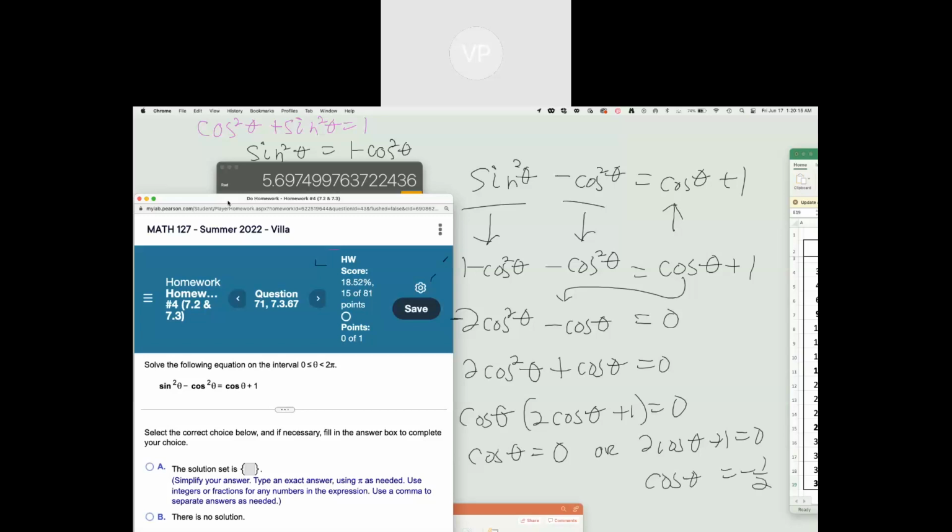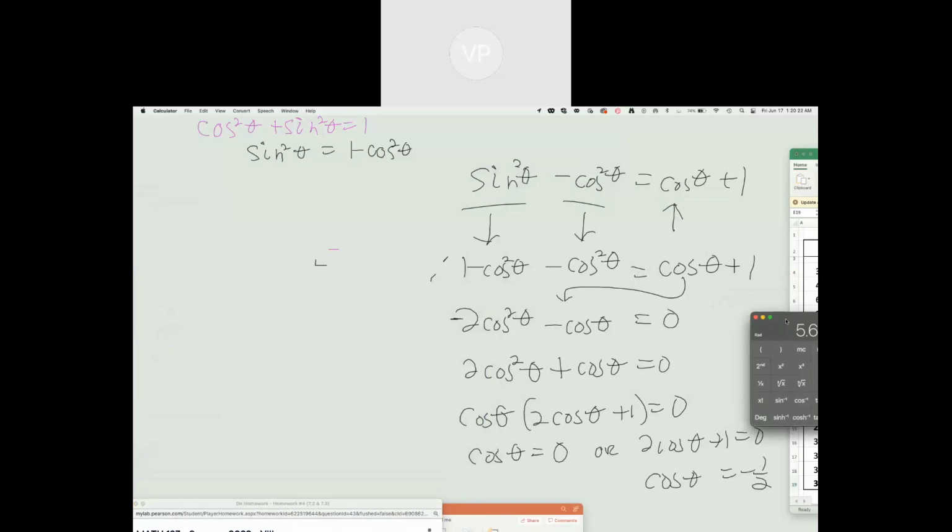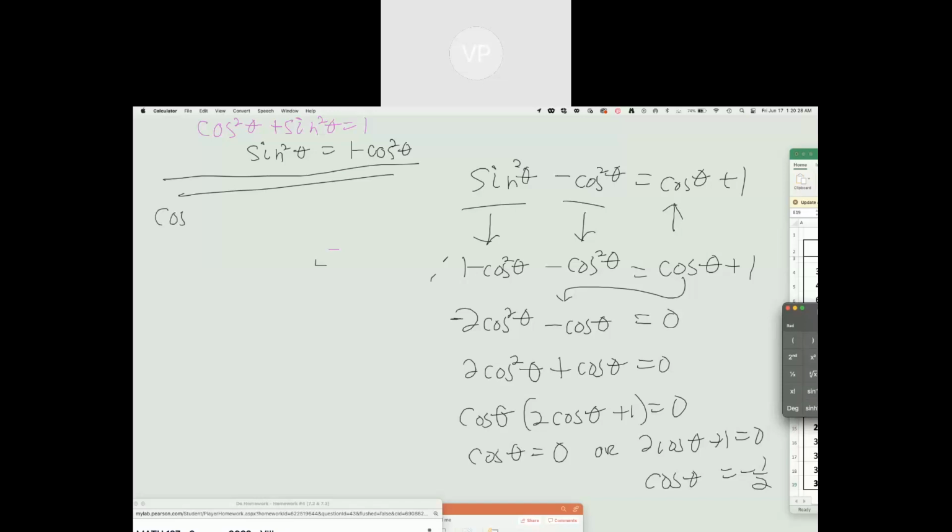And it looks like we get a cosine theta equals negative 1/2 over here. So these are my preliminary answers. We still have to go think of our table and think of where this is true. So let me move this up here to the top. We have cosine theta equals 0, or cosine theta equals negative 1/2.